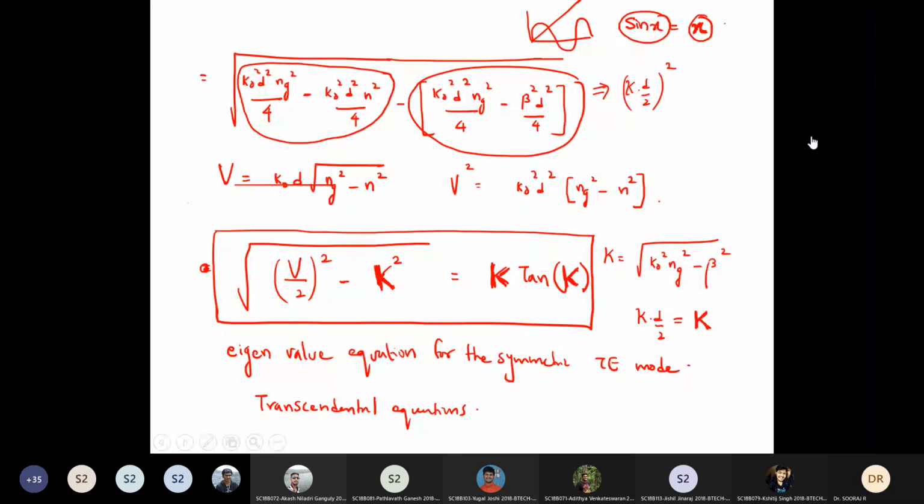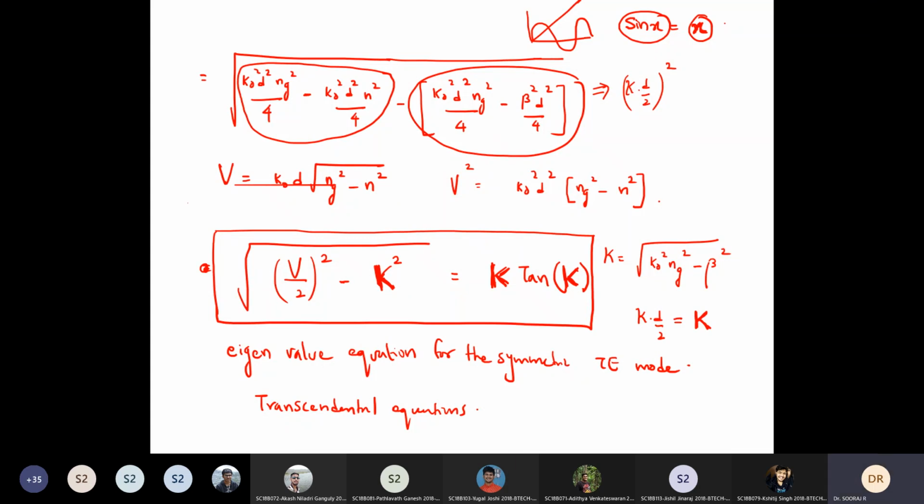Nishant? So what do you mean by symmetric mode? Can anyone answer this?